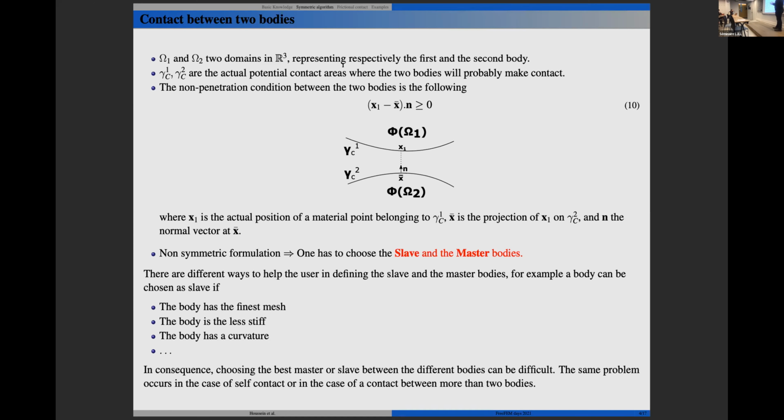The user has to choose the best slave, where we express our non-penetration. For example, here x1 belongs to this first body, therefore it's considered as the slave. Then the user must choose the best slave in order to obtain the most accurate result.